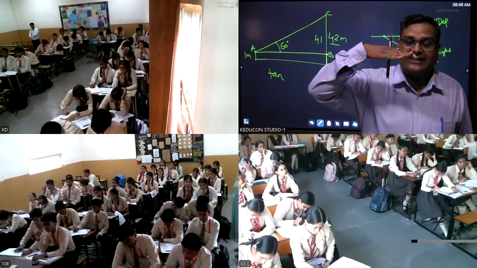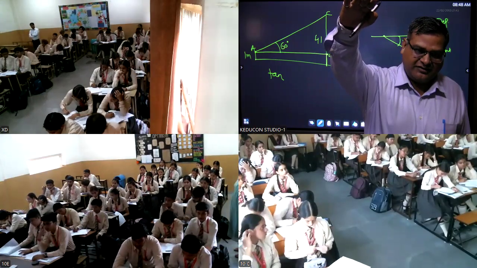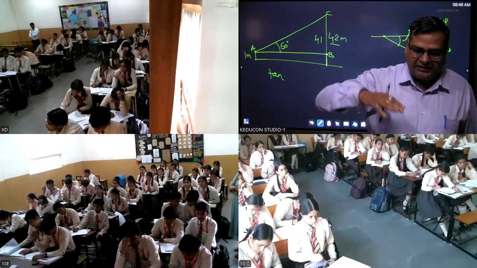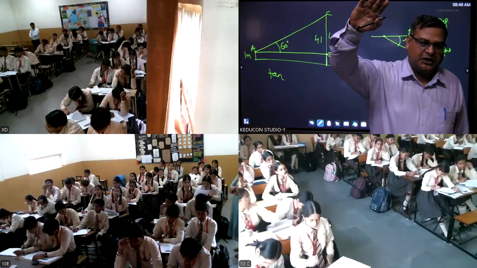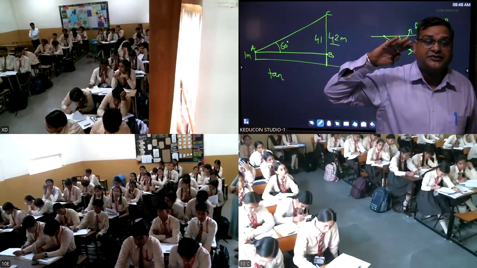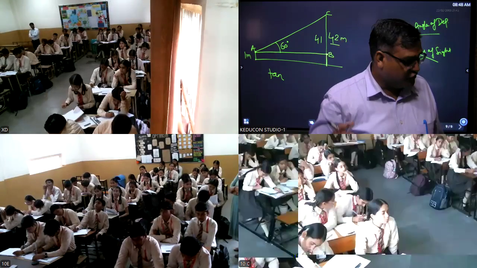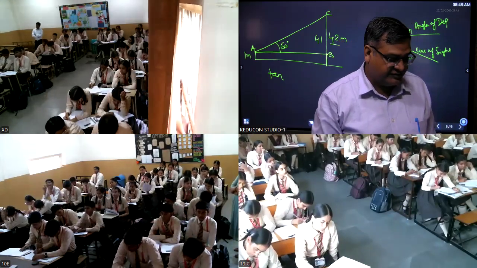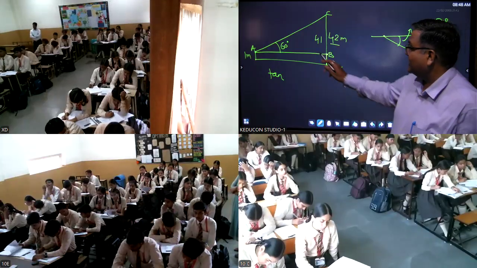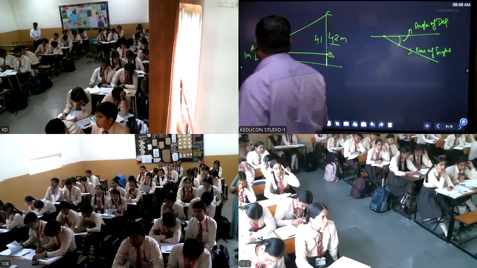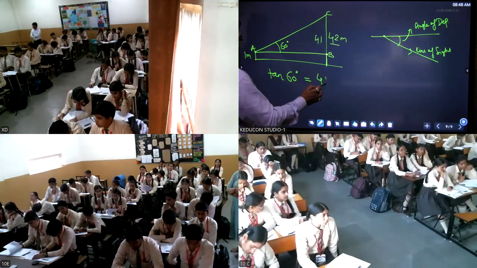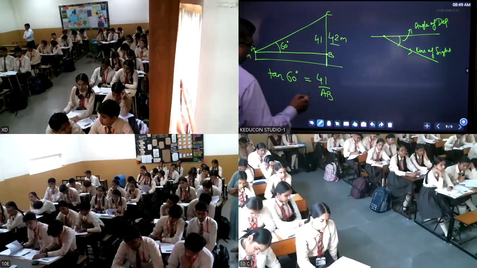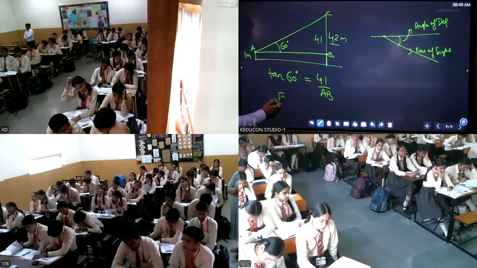So उसकी I से लेके angle of elevation, समझ में आ रहा है ना बेटा? अगर मैं अपने फीट से एंगल ऑफ एलिवेशन लूं तो डिफरेंट होगा, आई से लूं तो डिफरेंट होगा. Now the angle of elevation is from her eyes, so this is specifically mentioned. ठीक है, सो दिस एंगल इज 60 डिग्री. So tan 60 will be equal to 41 upon AB. So tan 60 is √3.